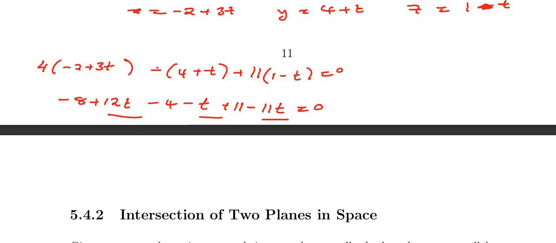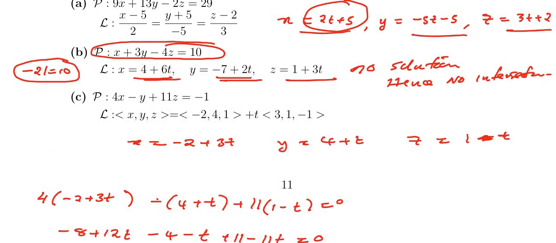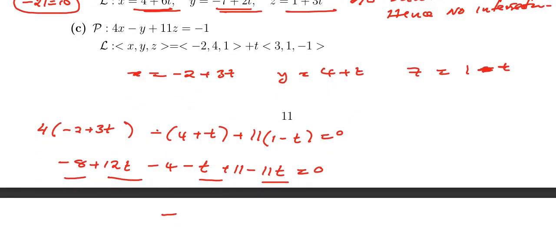So the t goes away. Then we have negative 8 for the whole expression for part C. Oh, there was a negative 1 at the end, sorry, not 0. So this is supposed to be negative 1.